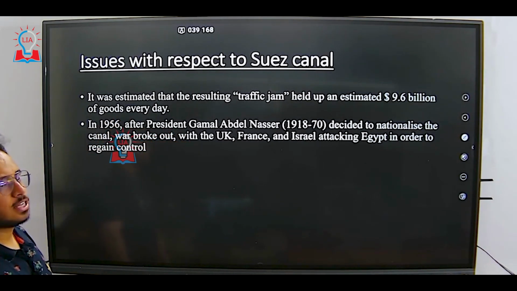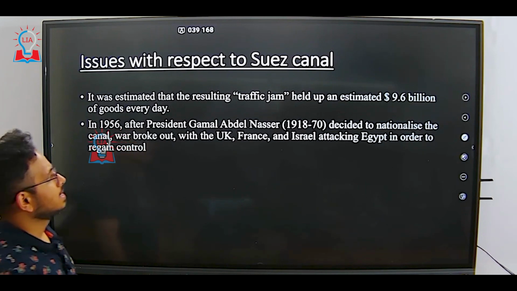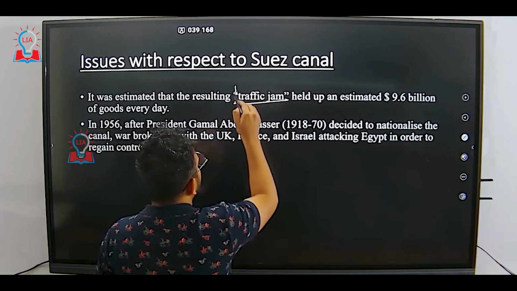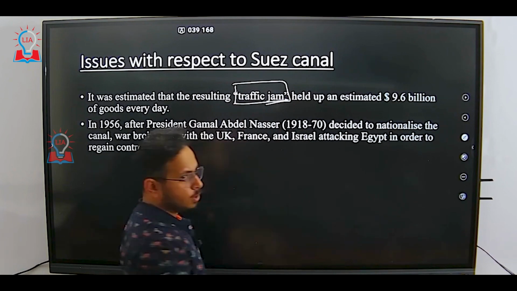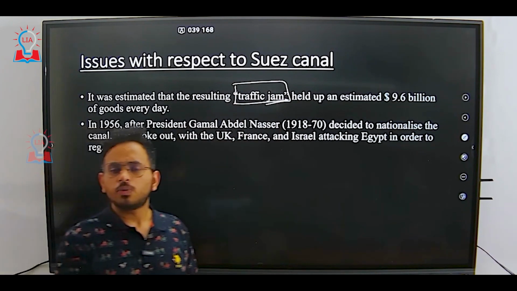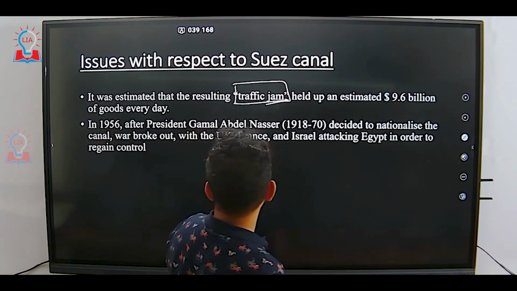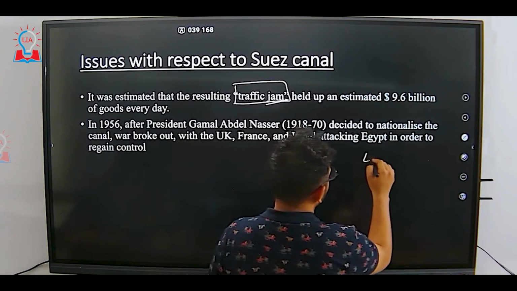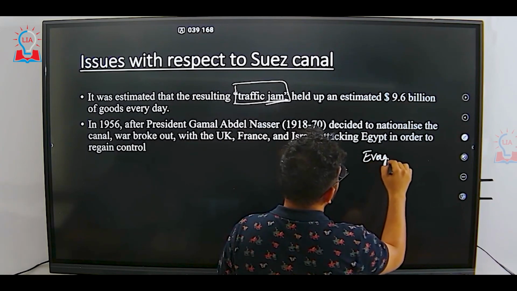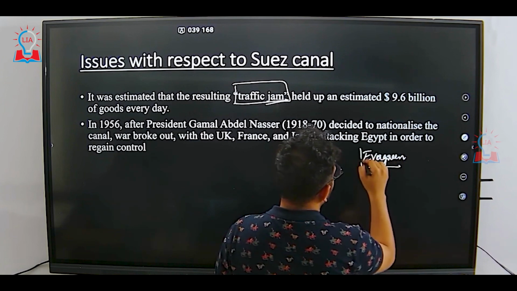The first issue with respect to the Suez Canal is the traffic jam that it is creating. Recently, in 2021-22, there was one ship by the name Evergreen, which was stuck in the Suez Canal.